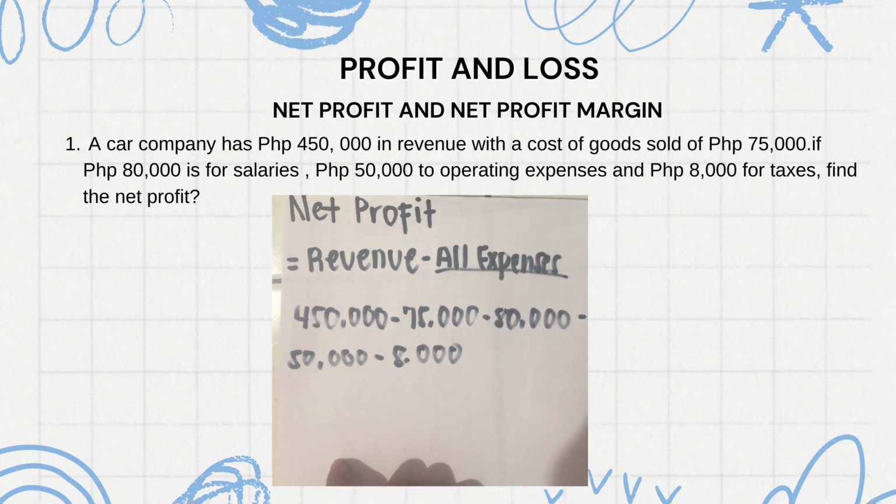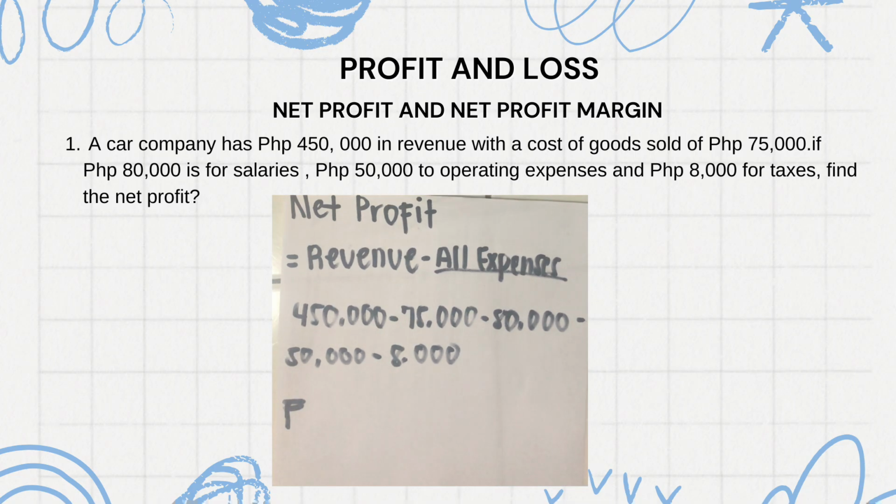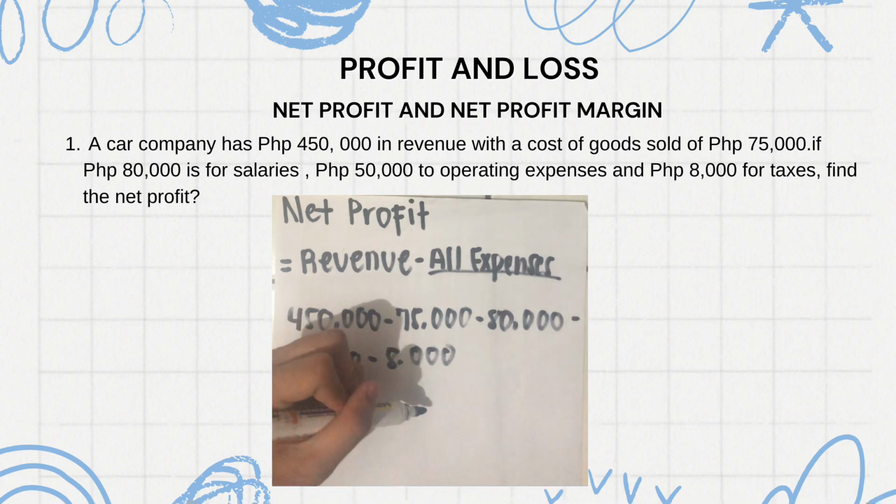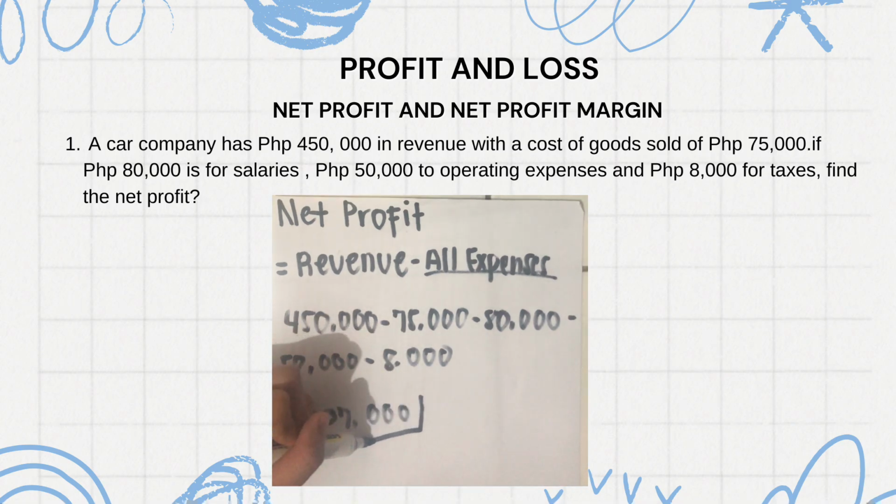So subtract them. The answer is 237,000. Now, this is our profit for this problem.